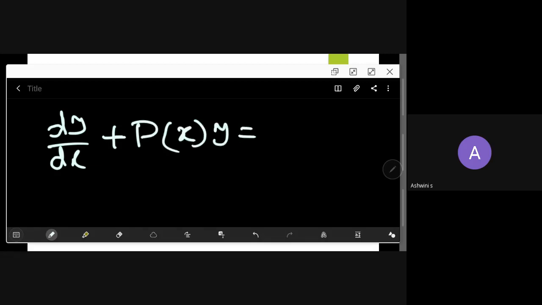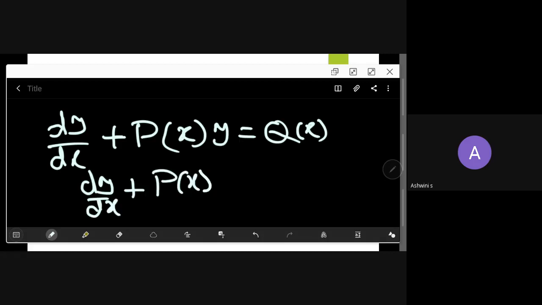See here, we have dy/dx plus p(x) into y is equal to q(x). This is a linear equation. But if you have dy/dx plus p(x) into y is equal to q(x) into y power n, how can we distinguish between a linear equation and a non-linear equation?